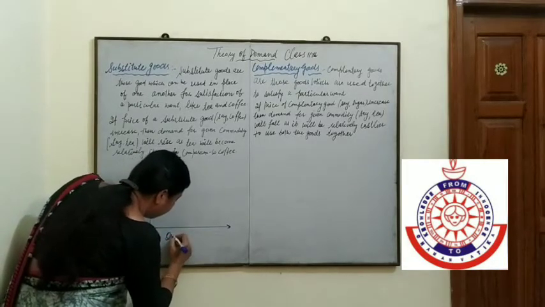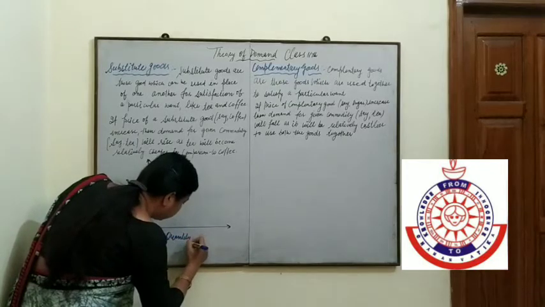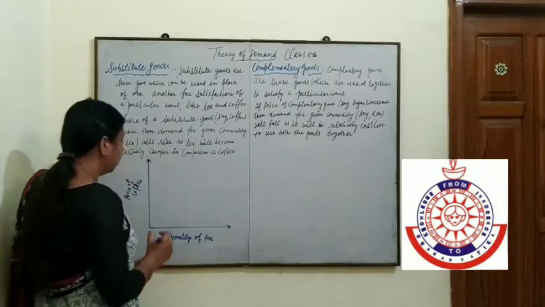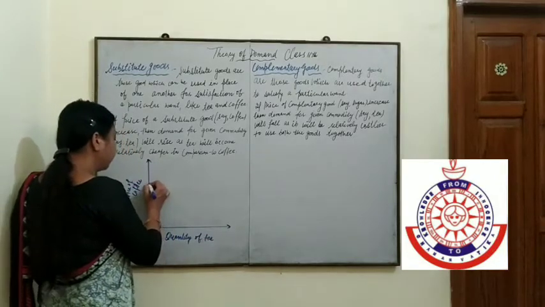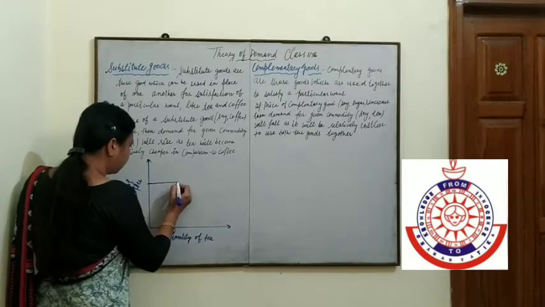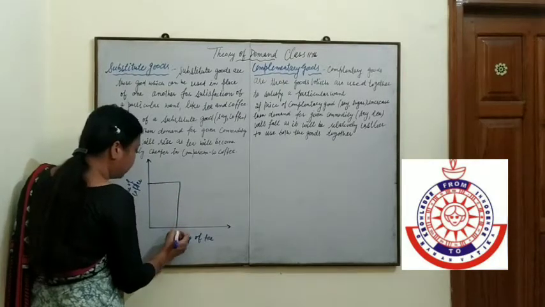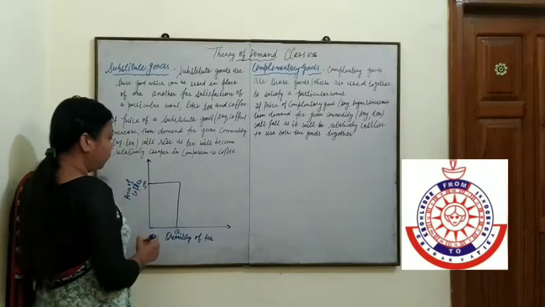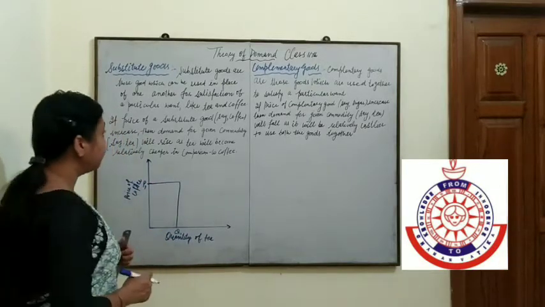Here we will show the quantity of tea. Now, if the price of coffee is this, then we are demanding this much quantity of tea. If the price is P1, then we are demanding Q1 quantity of tea.